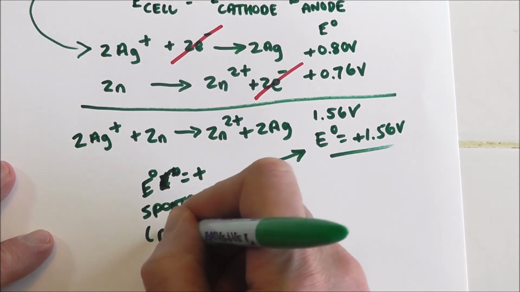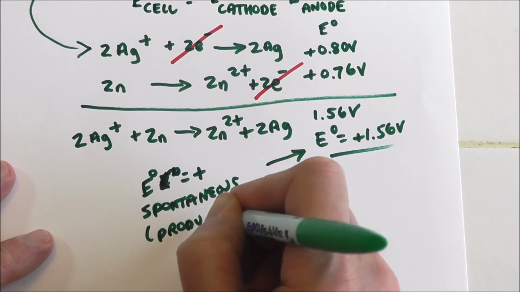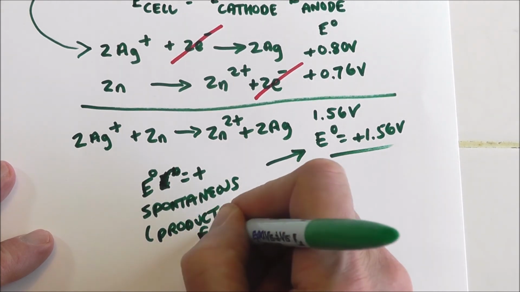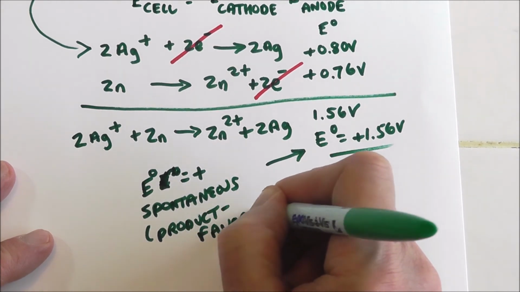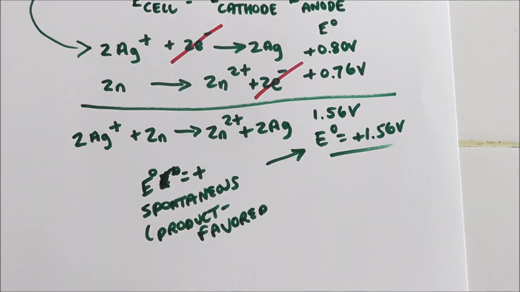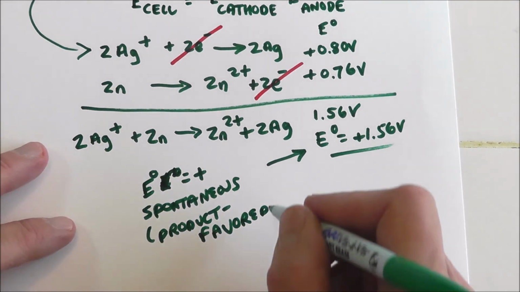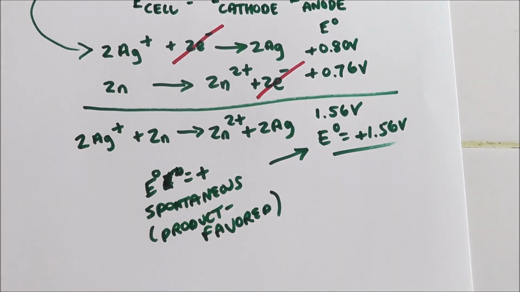Or what the newer way is, is not to call it spontaneous, but to call it product favored. All right? But if you flip that reaction around, that's telling you that that's not the reaction that occurs naturally. That's not the battery reaction. That is the way it goes. If I flip this around, it'd be negative 1.56, and that would be the direction the battery does not go.